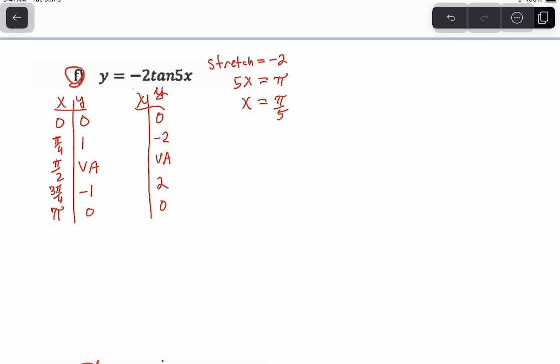So if I divide these by 5, I get 0, pi over 20, pi over 10, 3 pi over 20, and pi over 5. So this has a very, very fast, quick period about it. It always finishes one cycle at pi over 5.